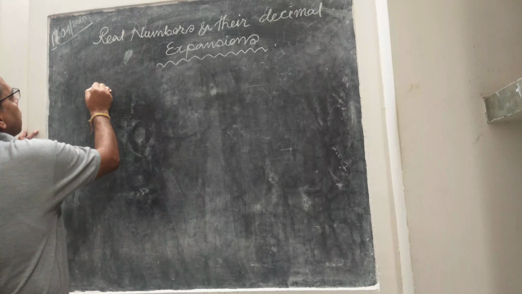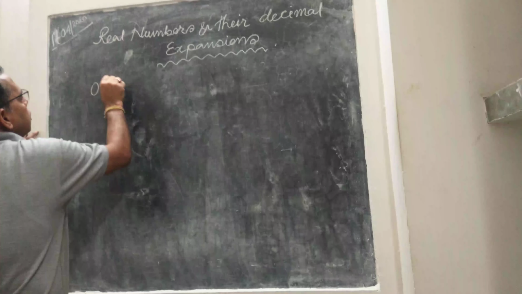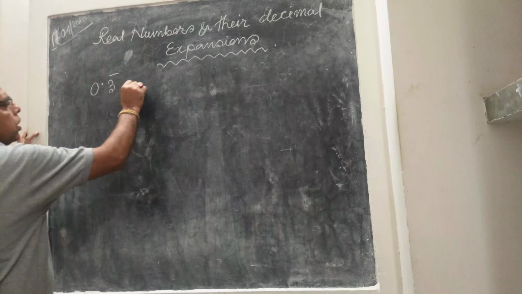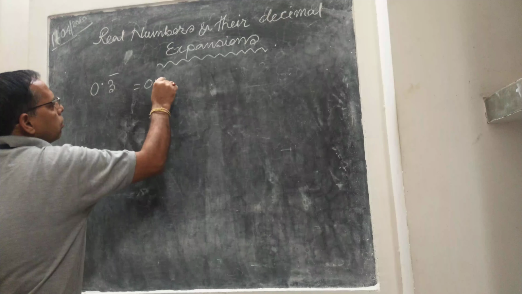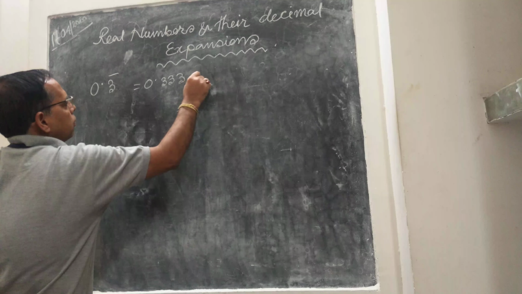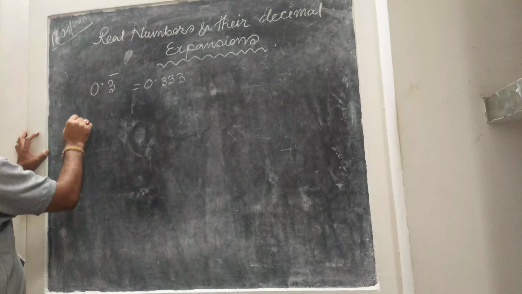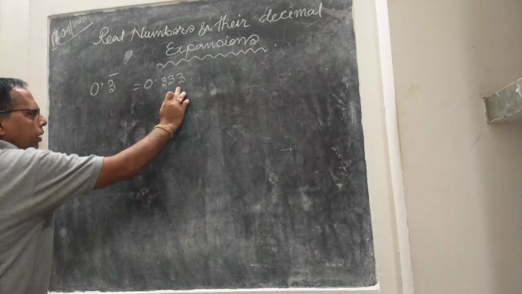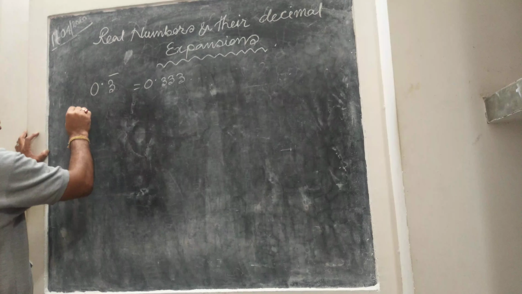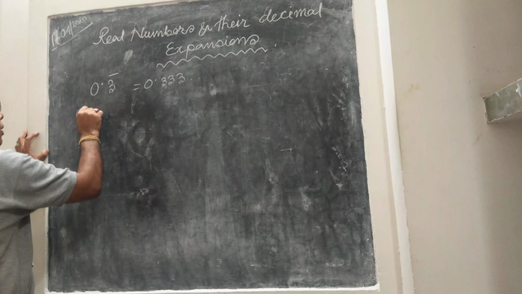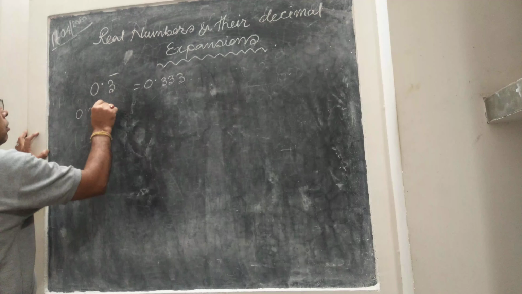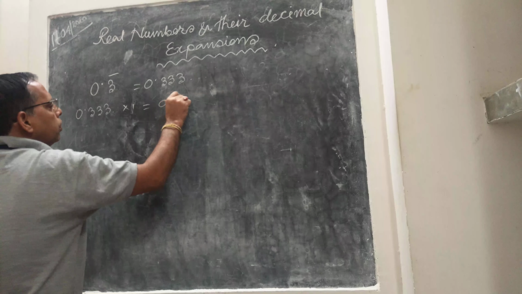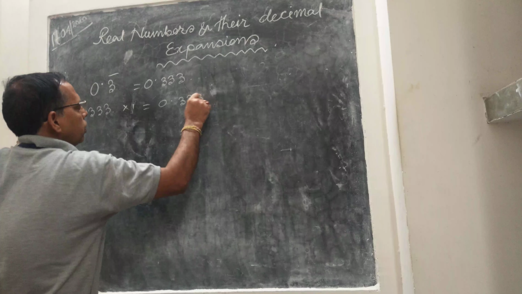See, 0.3 bar, whatever I have done last. This one equal to what? 0.333. This one, how many decimals? 1. And what is repeated? Yes or not? So, first you multiply by 1. 0.333.